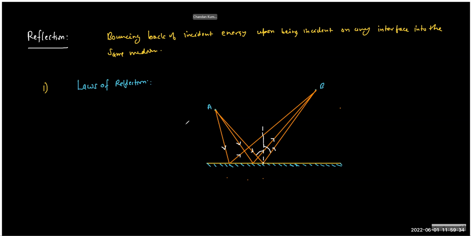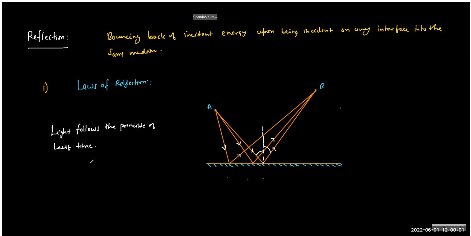Okay. So light follows the principle of least time. It always goes in the least possible time.